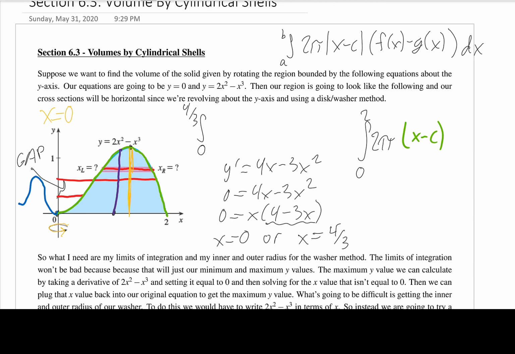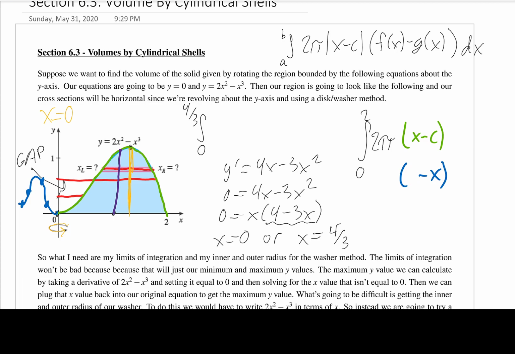Well, if I'm taking points on here, then our x values are going to be smaller than 0, right? They'll be negative. So I'll want to do 0 minus those x values to get a positive number. So in that case, I would have c minus x.